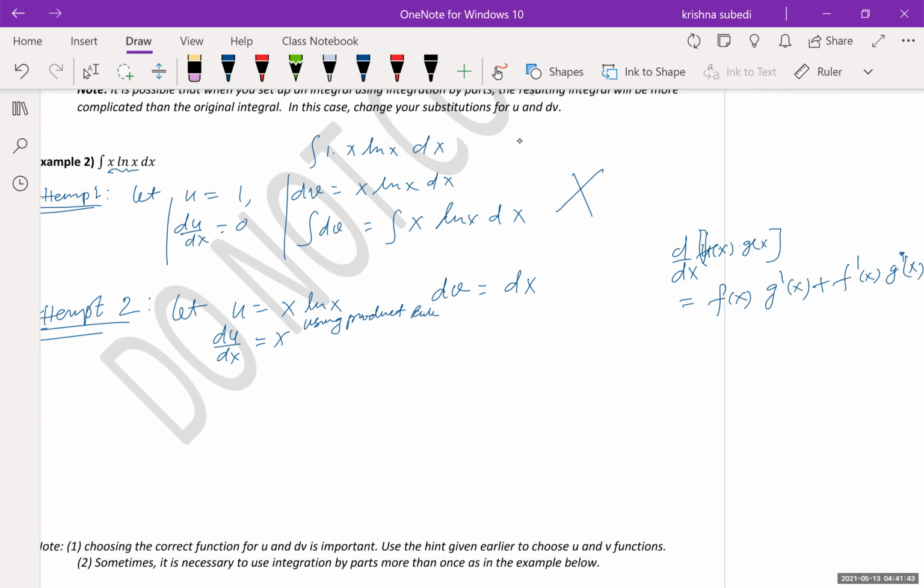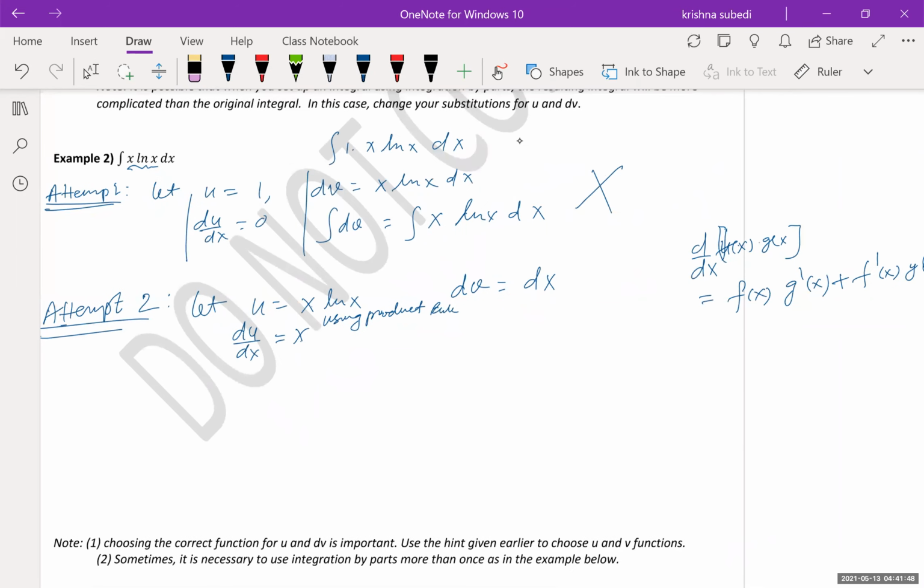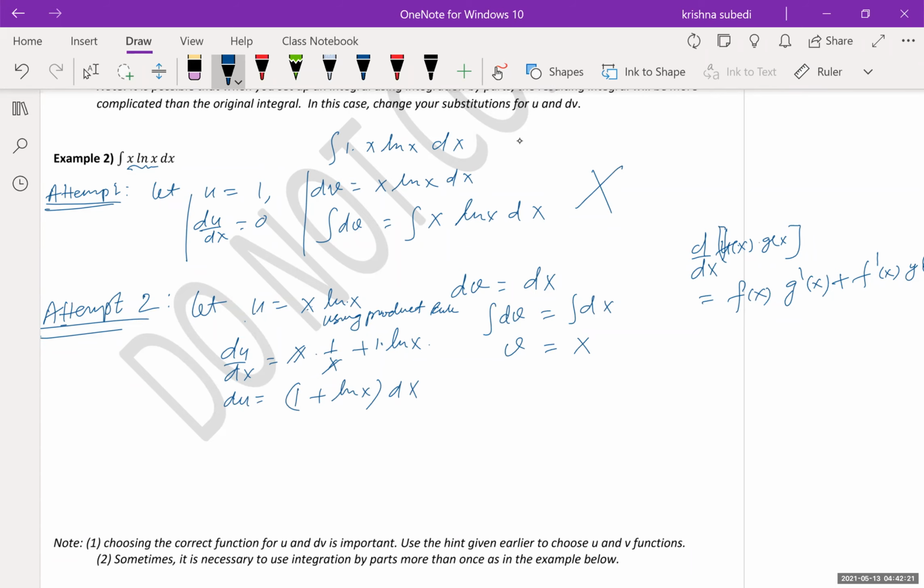That's the derivative product rule. So du over dx is going to be, I copy the first, find the derivative of the second, which is 1 over x, plus copy the second and find the derivative of the first, which is 1. So du equals, this cancels out, you get 1 plus ln x dx. And if I integrate dv, integration of dx, you're going to get v equals x.